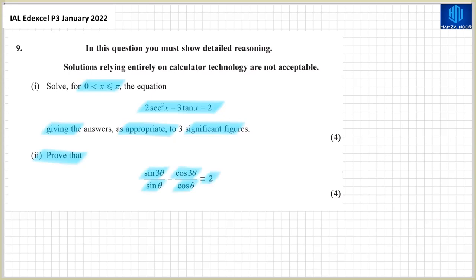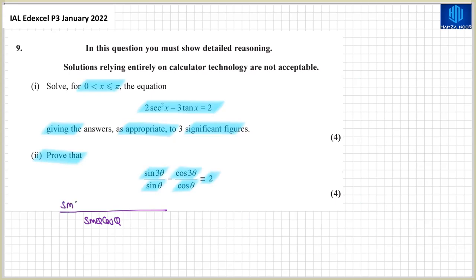First of all, I'm going to take the LCM, meaning I'm going to express it as a single fraction. The LCM will be sin θ multiplied by cos θ. So sin θ is multiplied by cos θ to give sin θ cos θ, and the numerator sin 3θ will also be multiplied by cos θ.